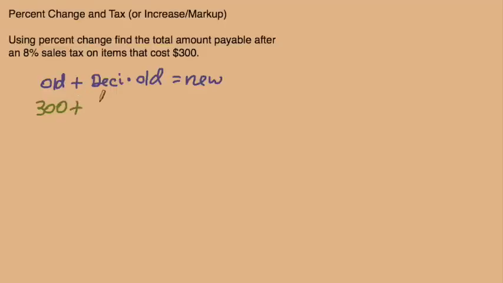The decimal value of the percent was 0.08. The old value again was $300. And if you type that into your calculator exactly the way it looks, it would have given you the answer of $324. So this would be the short way of finding the tax value, or the item value after tax.